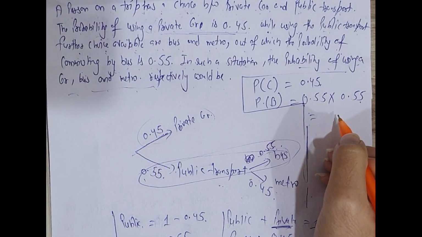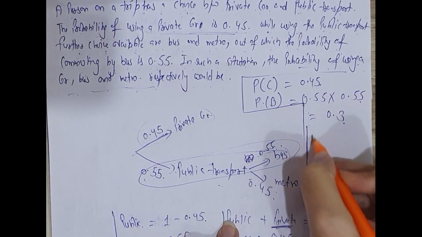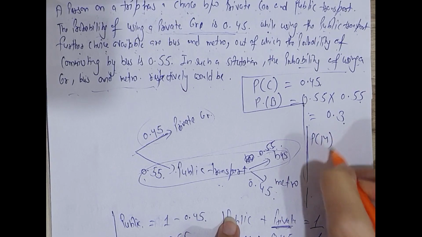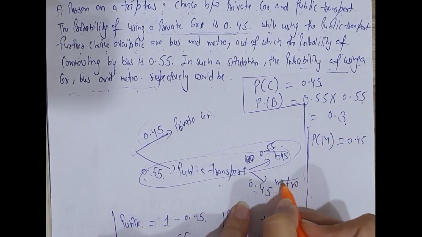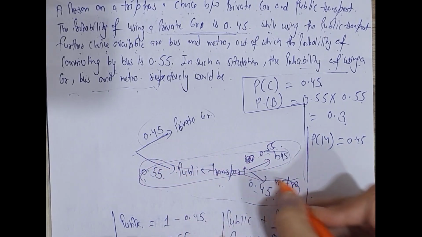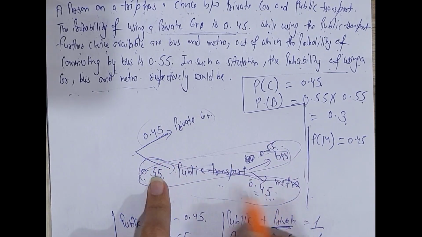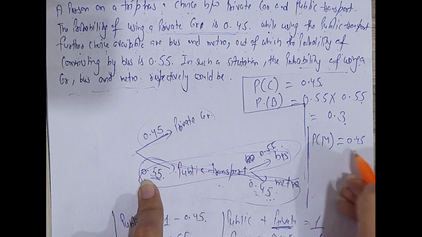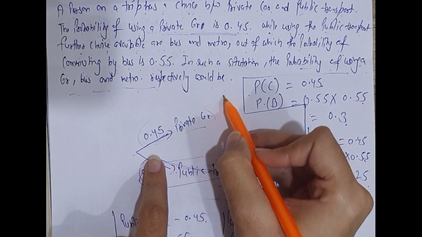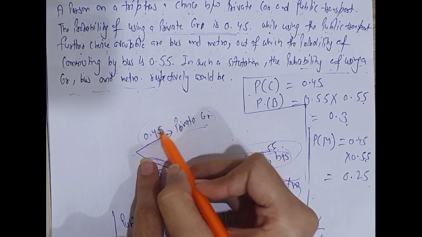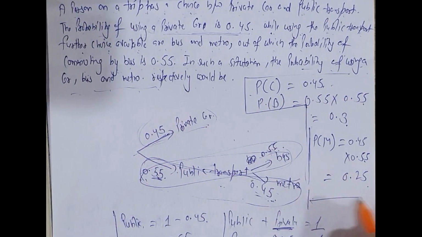It comes out to be 0.3. Now the probability of using metro is 0.55 into 0.45, now see the whole probability, 0.45 and 0.55, which is 0.25. Here car is not divided into any, so car has probability 0.45. Now this comes out to be the answer.